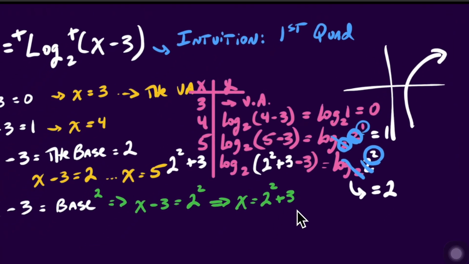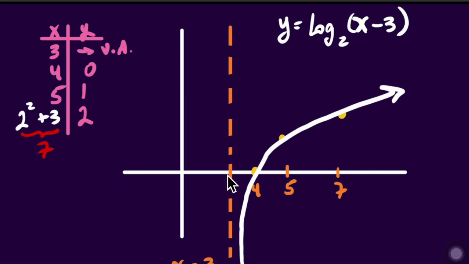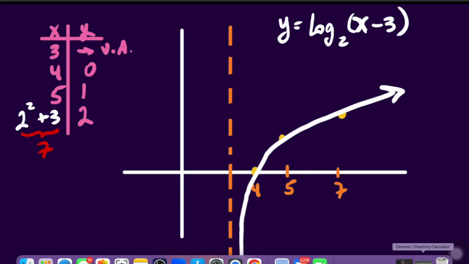Now, if you want to get an additional point, you could set it 2 to the third power. But for now, here we go. When we simplify everything, we get the following xy coordinates. When we use our vertical asymptote and head towards the first quadrant as predicted, this is our resultant graph.